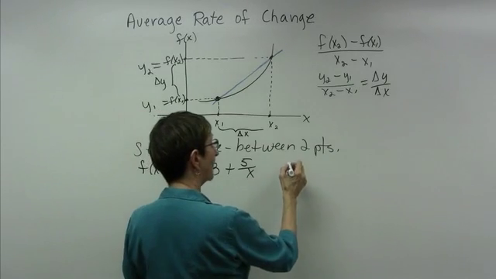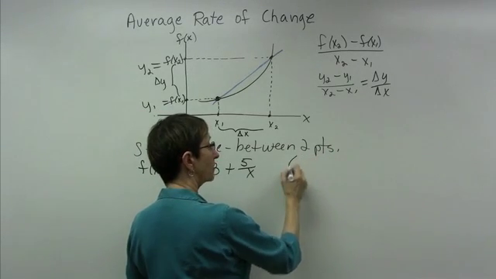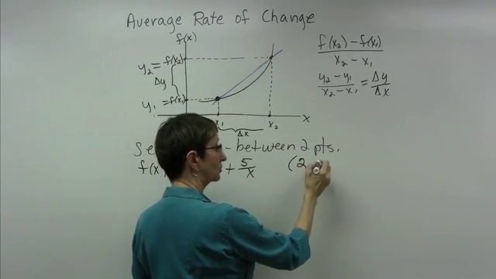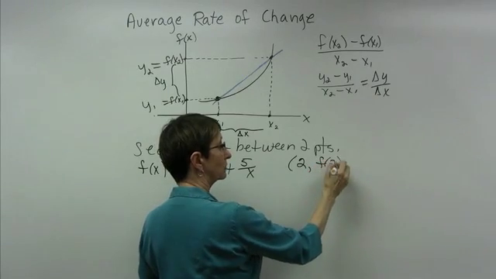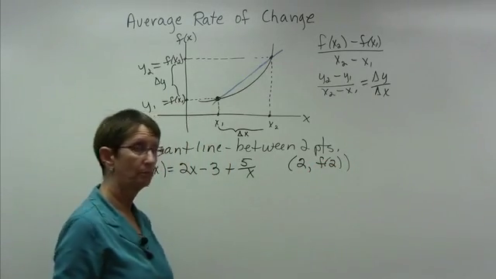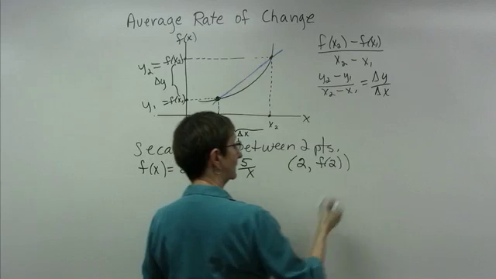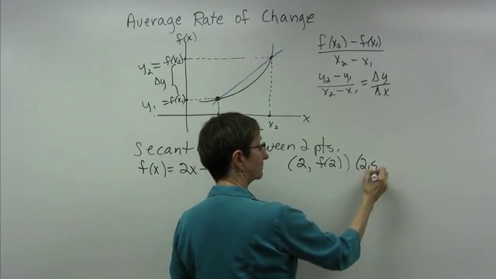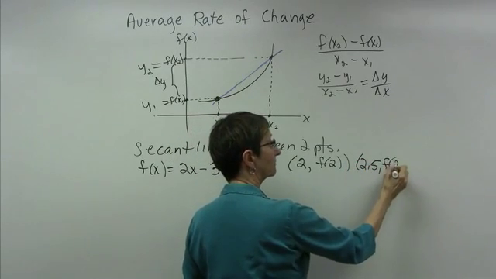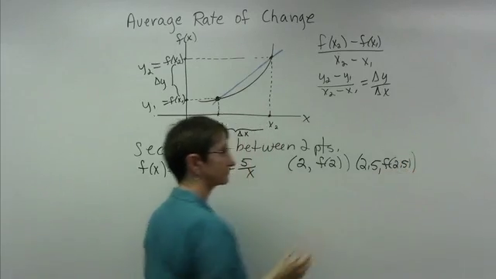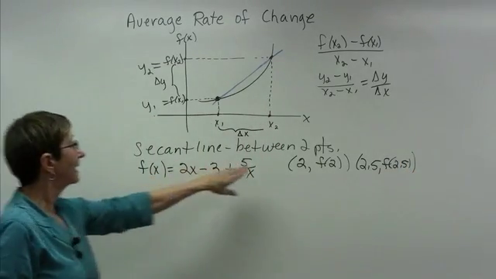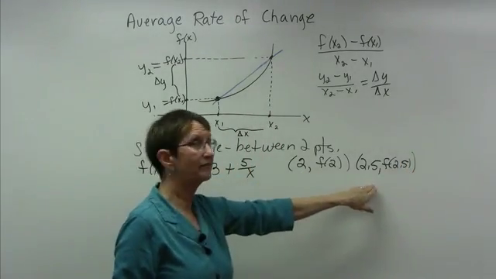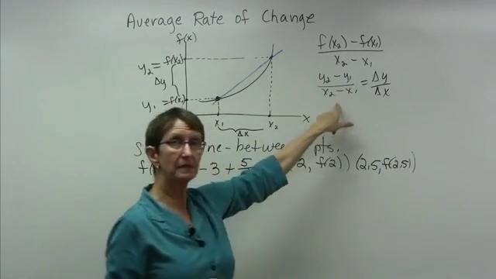So that my 2 points, one point when x is 2, I have a y value that will be f of 2. My other point, that is 2.5, my y value f of 2.5. 2 and 2.5 will be my two x's. They'll be in the denominator.